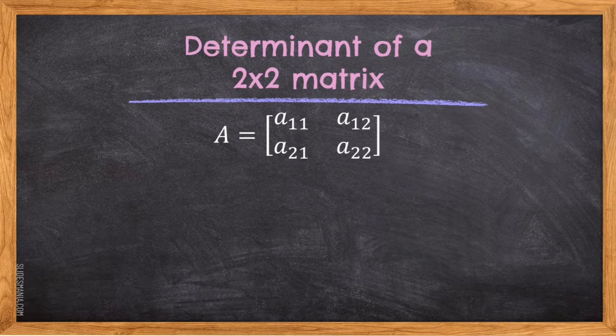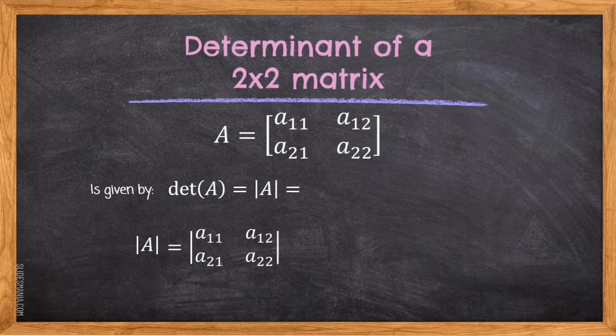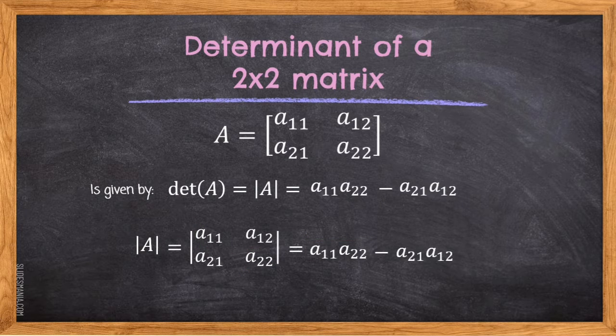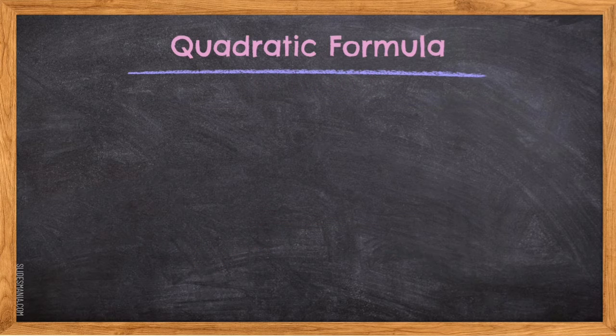Matrix A is equal to A11, A12, A21, A22, and the determinant of A is the difference of the product of the two diagonals. So A11 times A22 minus A21 times A12.